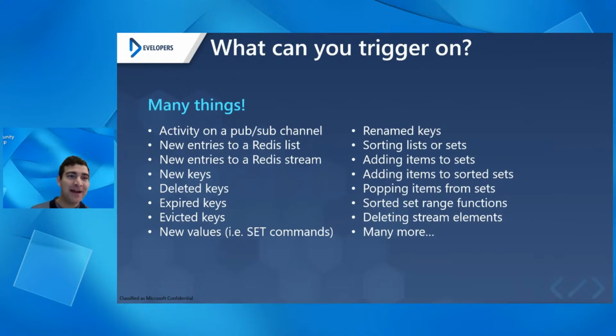So what can you actually trigger on? I think this is where Redis and functions are really special, because you can trigger on a huge variety of things. For instance, I mentioned pub sub being a use case for Redis, where people will use Redis as an intermediary between maybe users and microservices, or even just different microservices in an application, where one microservice can send a message to Redis.